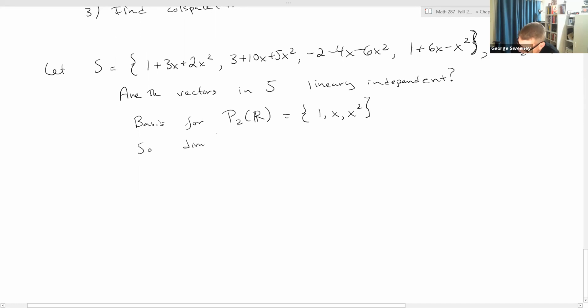So what is the dimension of P2R? What is then our dimension of P2R?